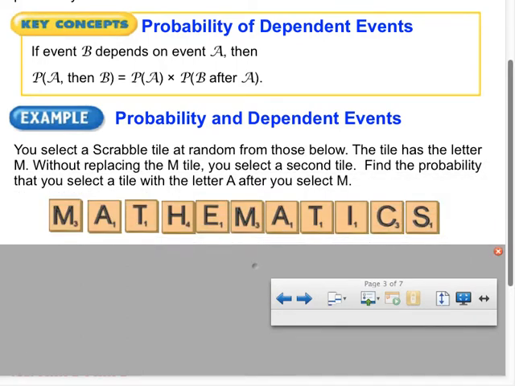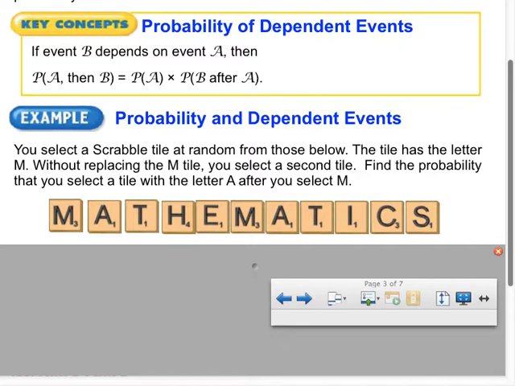Okay, so we have Scrabble tiles, and they're spelling out my students' favorite subject. Now, here's what's happening. You don't get to see these tiles. You know that these are the letters that you have. They flip them over, and they shuffle them up. And then at random, the first tile you select is M. You don't put it back.